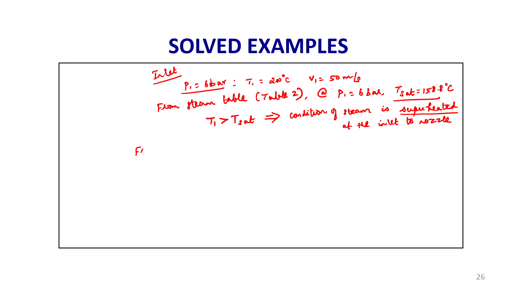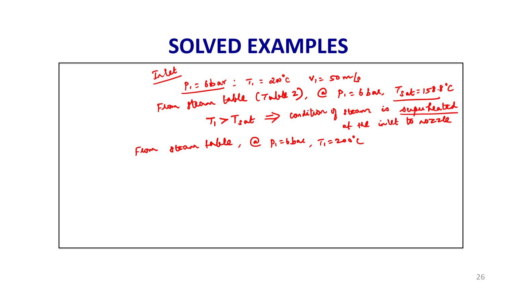So, from the steam table, at P1 is equal to 6 bar, T1 is equal to 200, we have to find out the property at the given temperature only, not for the saturated condition.